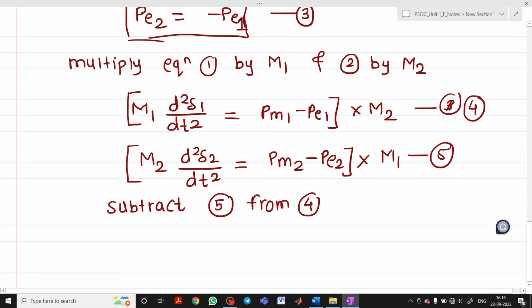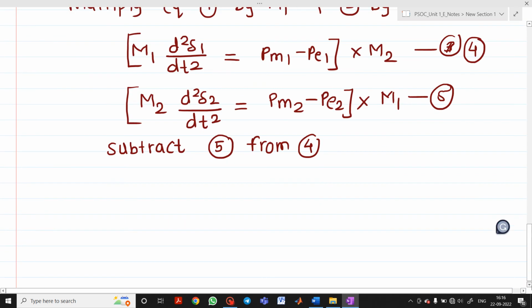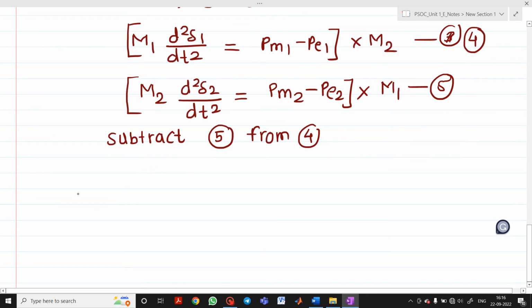Now this will be your M1; if you multiply this by M2, you will get M1 M2, then d square upon dt square. Now if you subtract on the left hand side, you will get d square delta 1 upon dt square minus d square delta 2 upon dt square. So can I write it like this? This will be your delta 1 minus delta 2. Yes, I can write it like this.